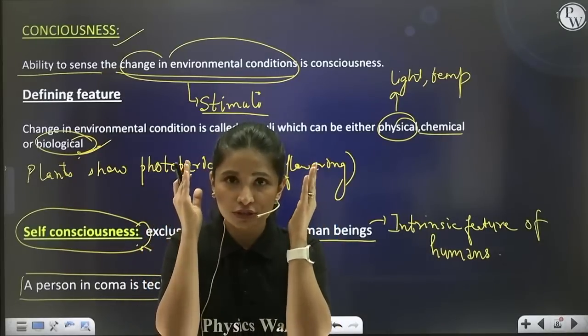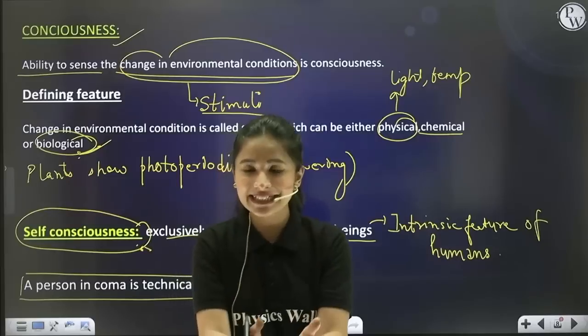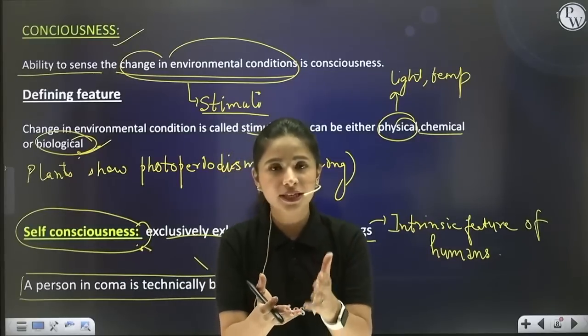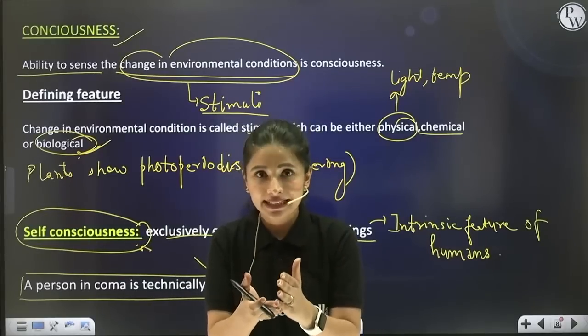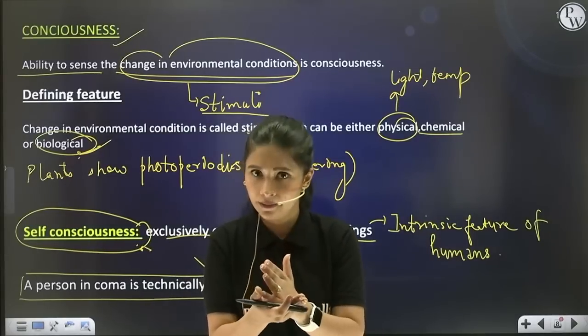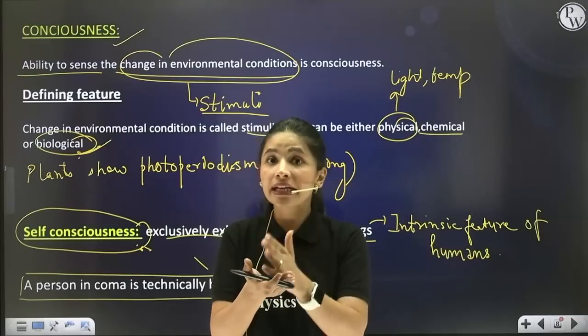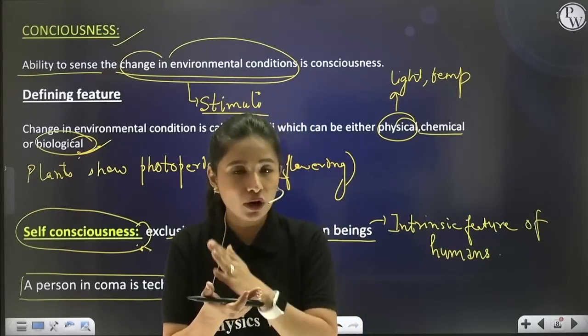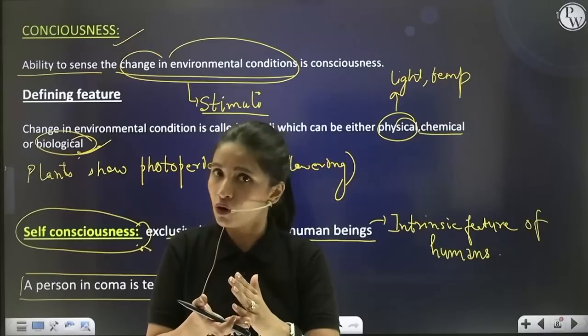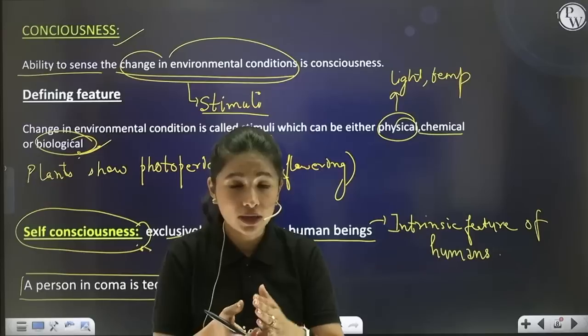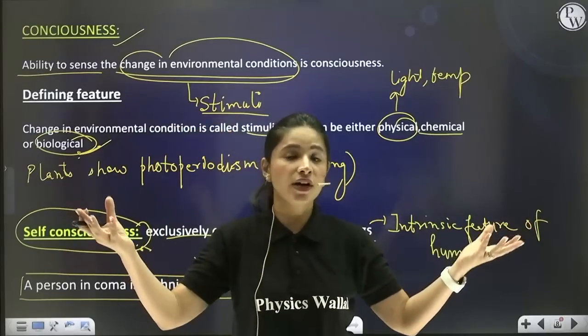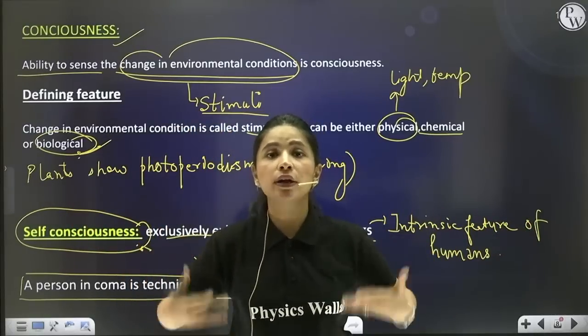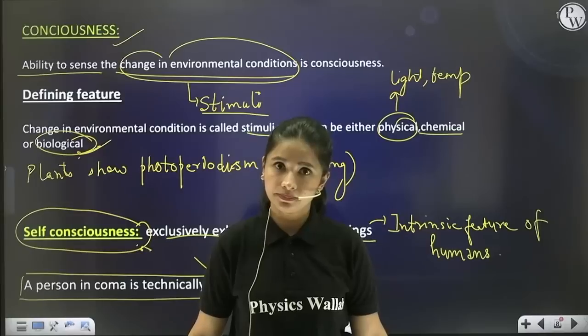Then to all those students, please listen to this. A person who is in coma is technically brain dead, under some medical guidance. Such a person does not follow the rules of consciousness, because when your brain is not functioning, how will your body coordinate with it? Clear?